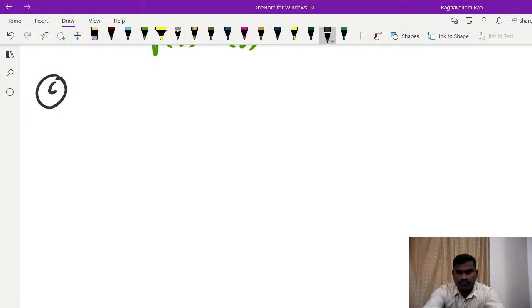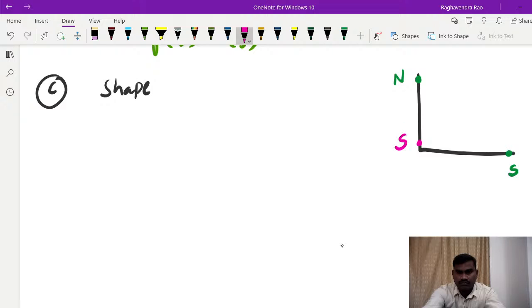Right. Next, point C. A magnet bent in the form of shape L. Like this. So this is a magnet of magnetic moment M bent in the form of shape L. Now we can take this as north pole and this as south pole.